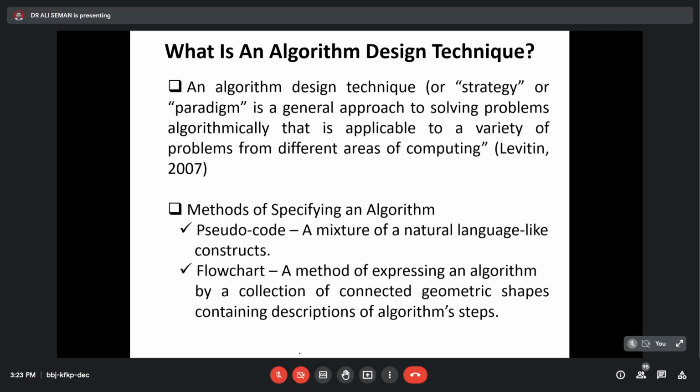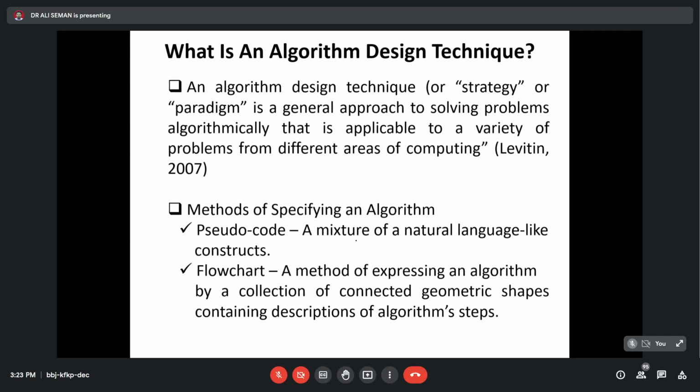As for methods of specifying an algorithm, we have two ways. One is through pseudocode. What is pseudocode? A mixture of natural language-like constructs, and there is no restriction here. You may use any language like Bahasa Melayu, Javanese and so on to describe your pseudocode.